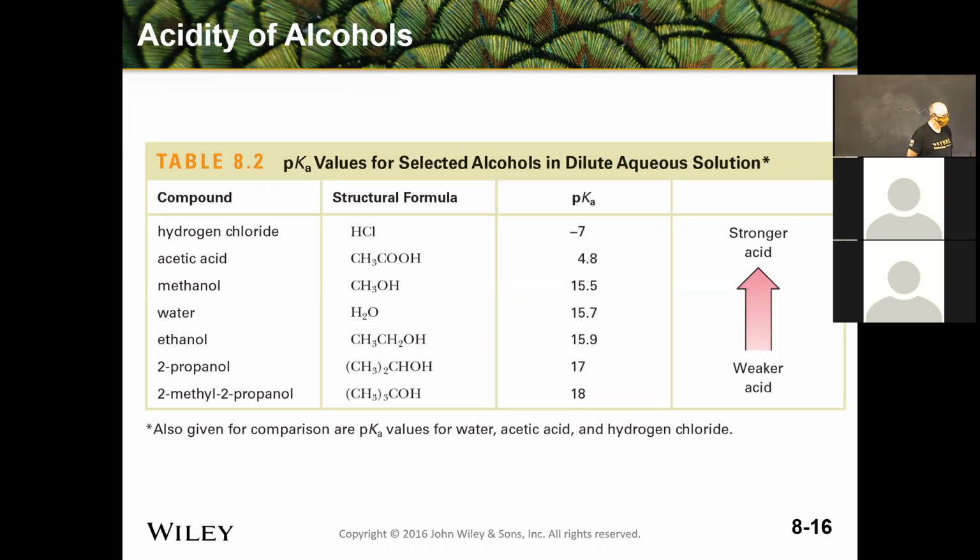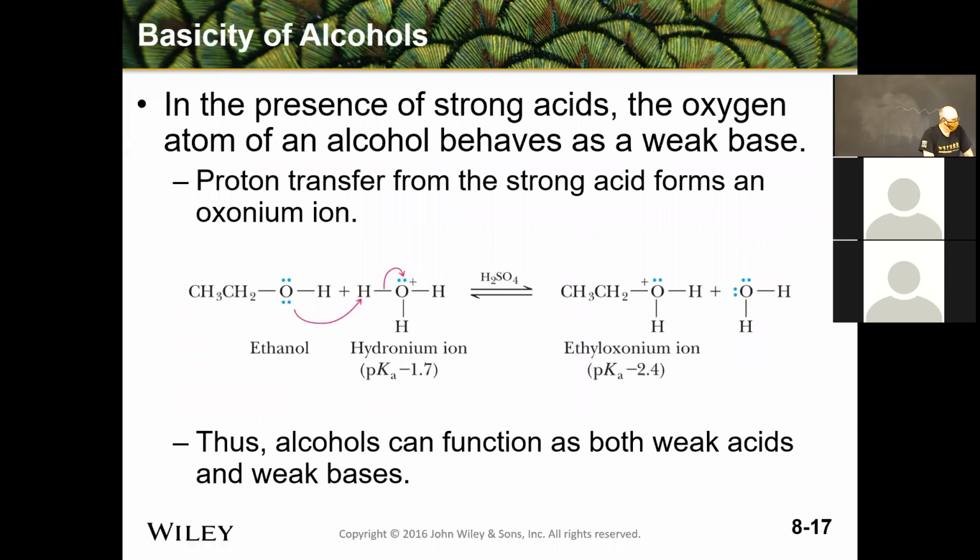Acetic acid, what we find in vinegar, 4.8. Most carboxylic acids are going to be about 4 or 5. Alcohols will be about 16 to 18. So isopropyl is about 17, tert-butyl is about 18 for its pKa. So these are weaker acids than water. The higher the pKa, the weaker the acid.